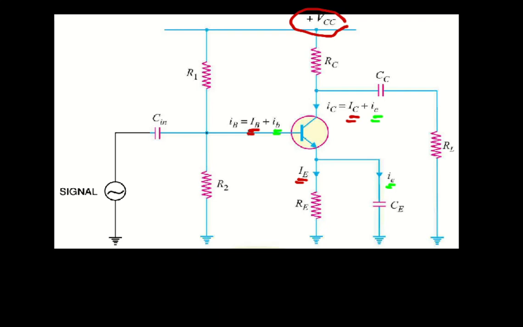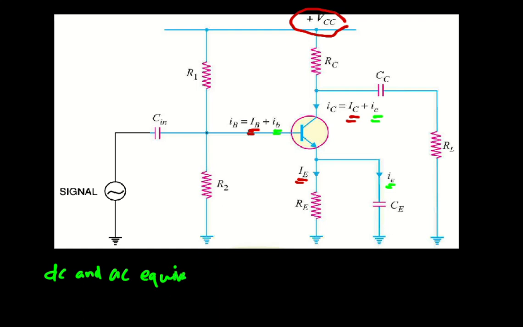So for that we will consider the DC equivalent and AC equivalent circuit of the common emitter transistor amplifier. It is always better to replace any circuit which has both AC and DC conditions with its DC and AC equivalent circuits.